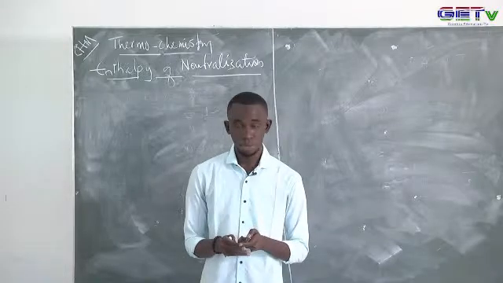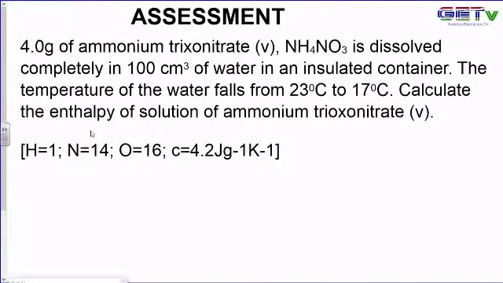And the assessment question reads, 4.0 grams of ammonium trioxynitrate 5, which is NH4NO3, is dissolved completely in 100 cm³ of water in an insulated container. The temperature falls from 23 degrees Celsius to 17 degrees Celsius.